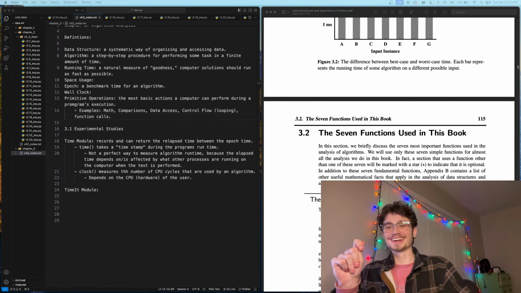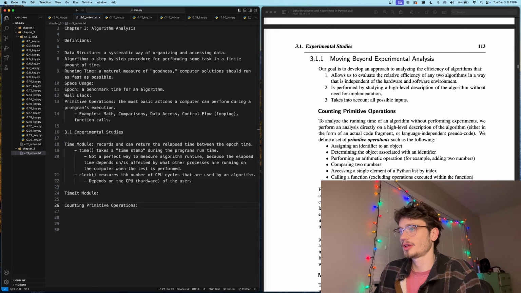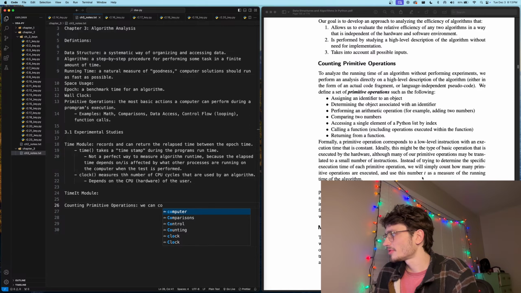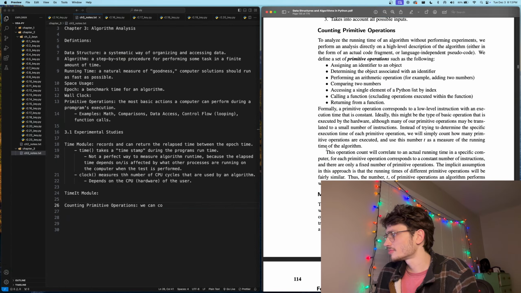All right. So we have this. I'm going to talk about counting primitive operations, right? We can use maybe big O notation, although we said we're trying to determine specific runtime.